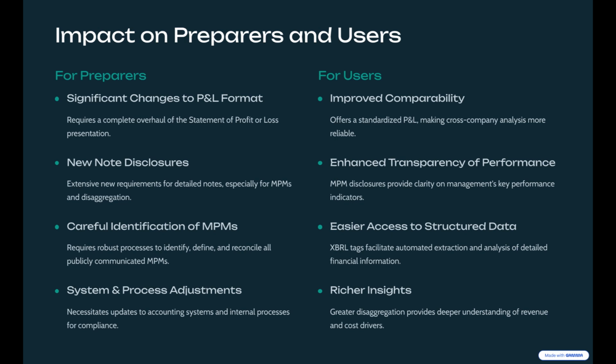The formalization of MPMs, alongside required explanations and reconciliations, gives users a clearer view of how management interprets performance while maintaining a strong link to IFRS-defined measures. Overall, the impact is twofold. Preparers are challenged to improve the quality and coherence of reporting, while users benefit from more reliable, insightful, and consistent financial information to support better decision-making.